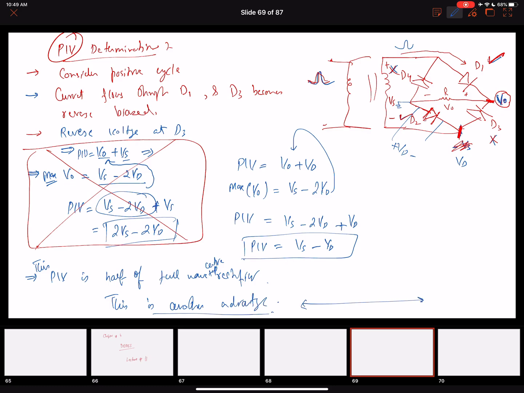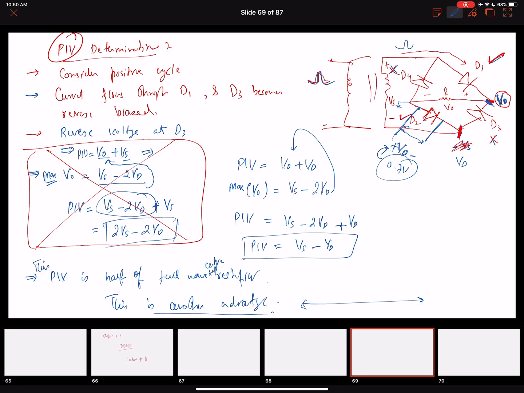Okay, great. This is another example of a full wave rectifier circuit, and this is how we can determine its peak inverse voltage. Let me clarify this again. During the positive cycle, D1 and D2 will turn on. That is why the potential drop across here will be VD, the barrier potential drop, approximately 0.7 V. The potential appearing over here is V naught.